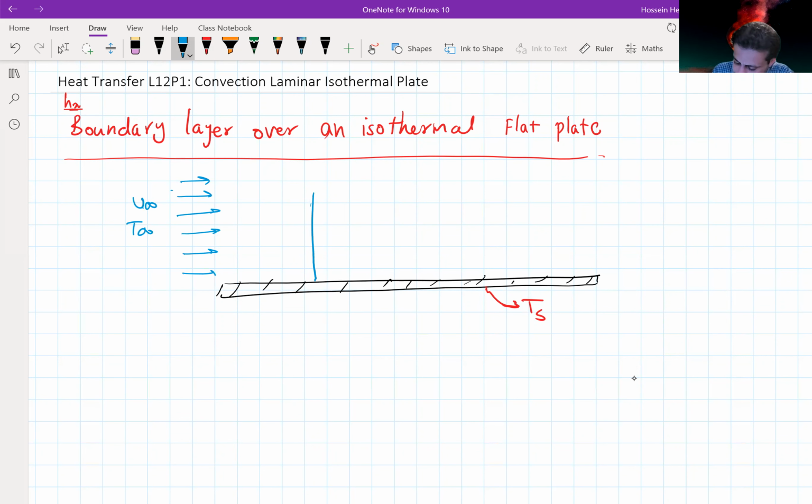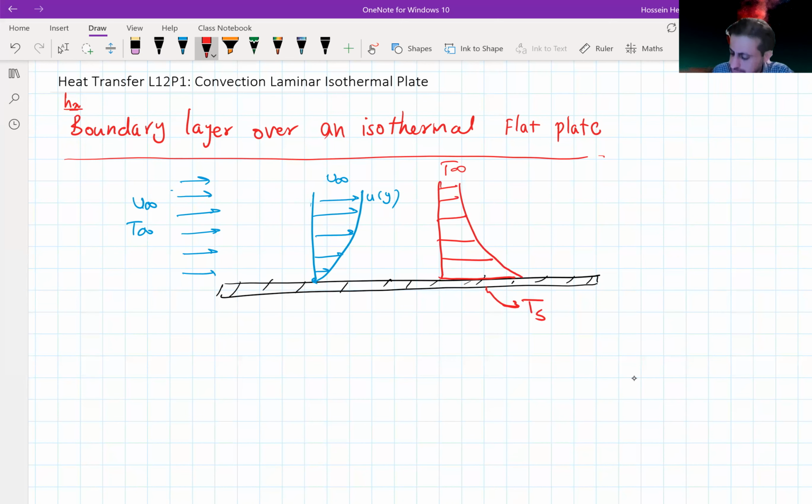And what we did last time, we looked at the velocity profile in the boundary layer, u of y, and similarly the temperature profile, going to T infinity, or T of y.